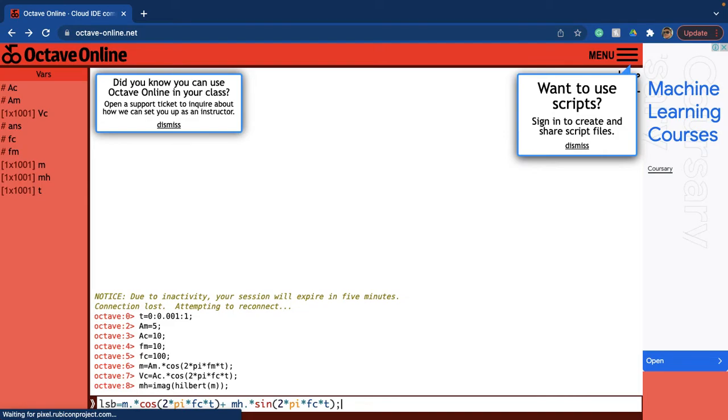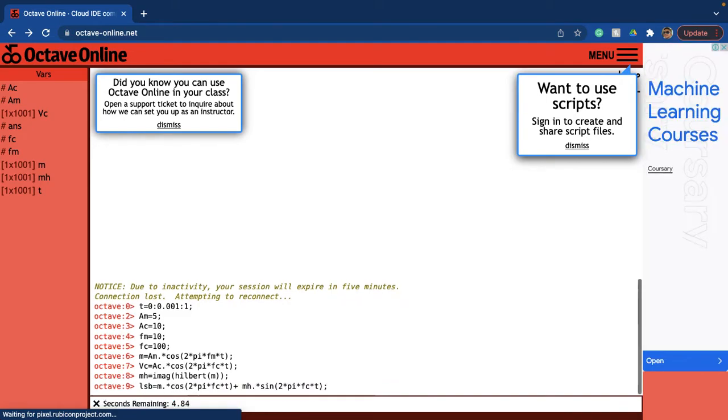The upper sideband is the product of the message and cos 2 pi fct, together with the Hilbert transform and the phase change of the carrier. So this is the lower sideband.